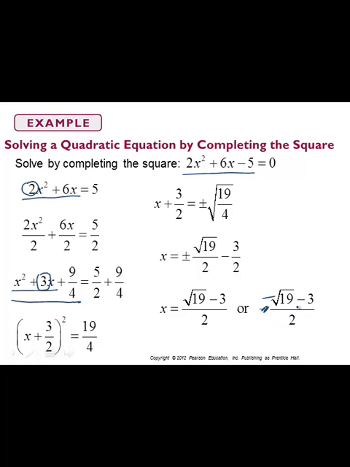Or if you want to pull out the negative sign, you'll have negative of square root of 19 plus 3 over 2. There's a small little typo on the slide there, which I obscured. But anyway, there's your two solutions there. This one and this one.